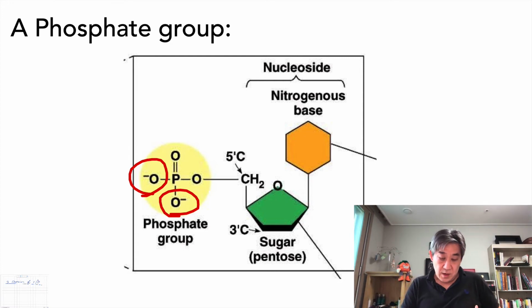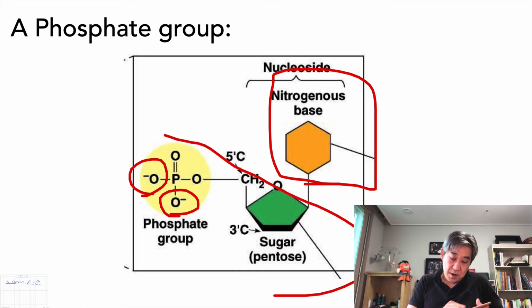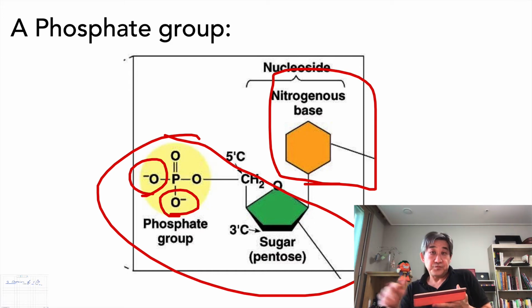Another point is that the uniqueness of each different nucleotide comes from the nitrogenous base. Except for this nitrogenous base, the other 2 parts are all the same in the 4 different types of nucleotide. The same thing holds true in the case of RNA.